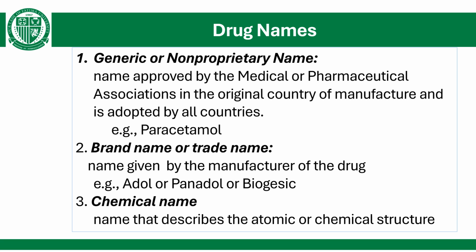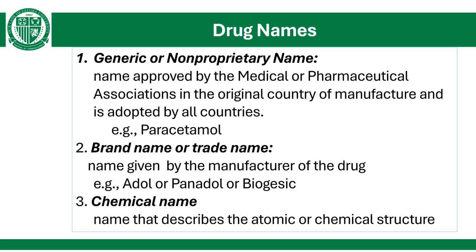So, as in the example paracetamol, there could be a drug name called Biogesic, Tylenol, another one, Panadol, for example. So those names given by the manufacturers would be called the brand name.